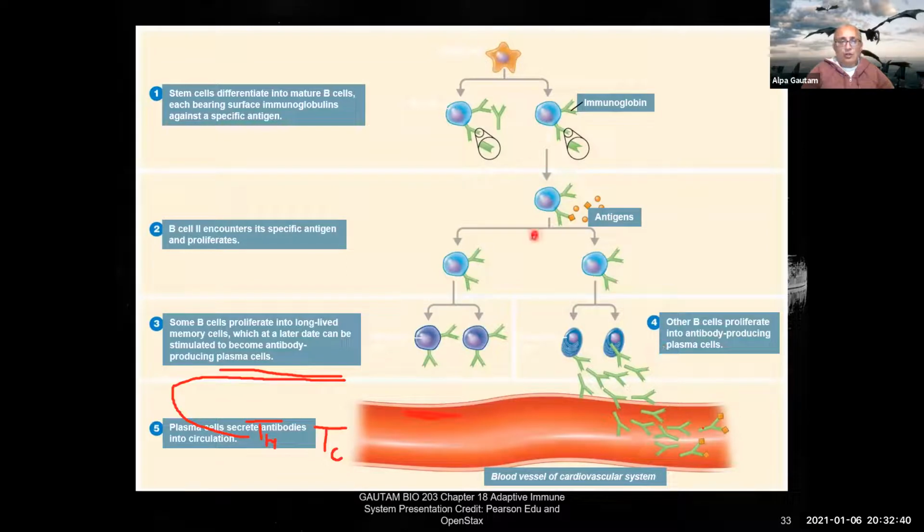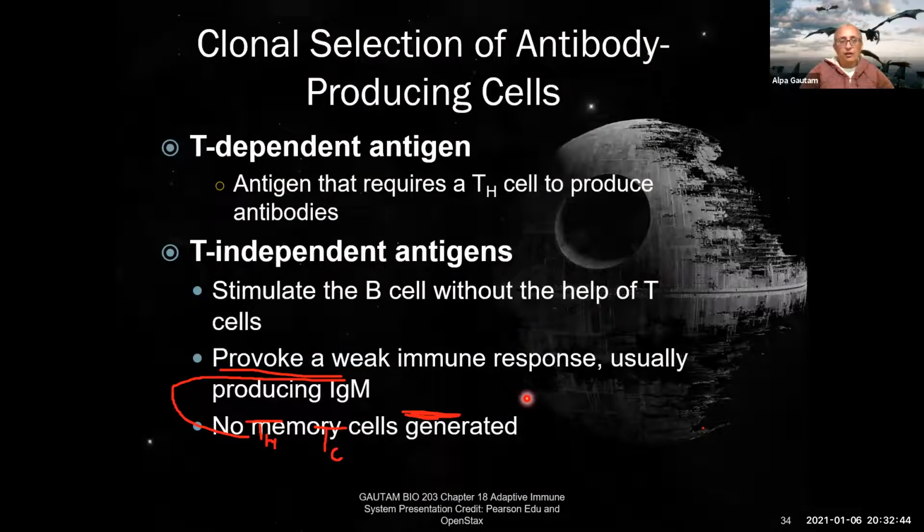So this is the whole process that I was just talking about, nicely illustrated. So T-dependent antigen and T-independent antigens. So T-dependent antigen is an antigen that requires a T-helper cell in order for an antibody to be produced.